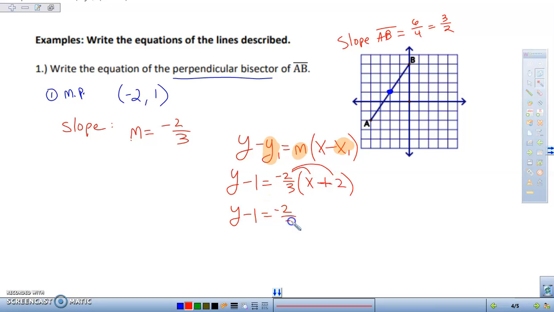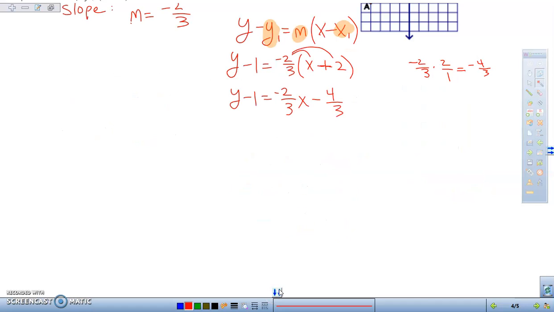That's going to give me -2/3 x. Now I'm going to do a little side work. What is -2/3 times 2 over 1? Well, that's -4/3. So when I distribute -2/3 times 2, that's -4/3. And then the last thing I need to do to both sides is add 1 to both sides. So I'm going to get y equals -2/3 x.